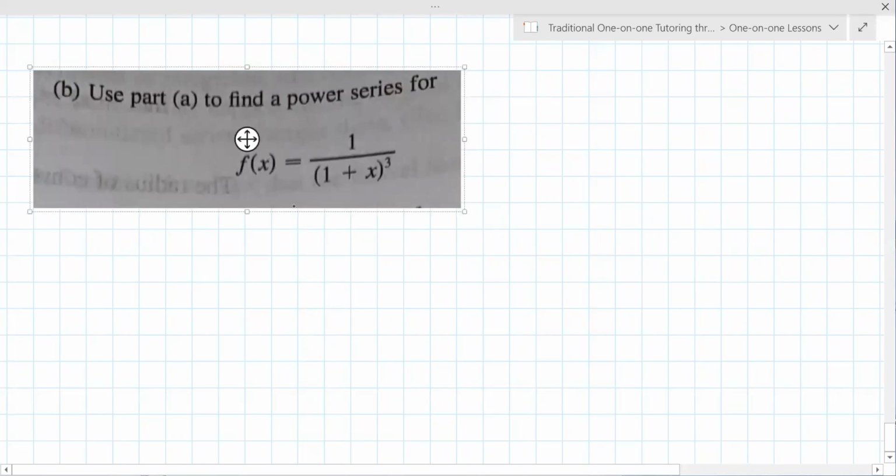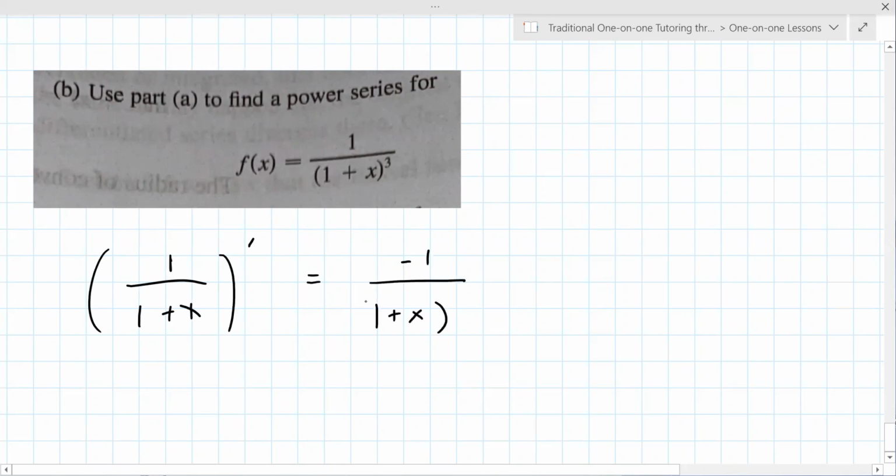Okay, so we got to figure out, well, what does this come from? We look at the bottom, and when you take derivatives of rationals like this, the bottom really doesn't change. So we say, well, what if it's something over 1 plus x? We take the derivative of that, and we know the derivative is -1 over 1 plus x squared.